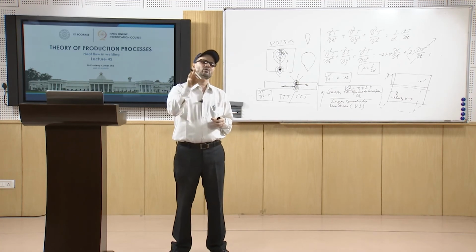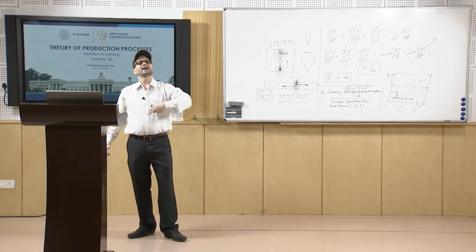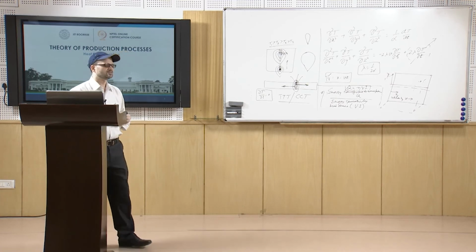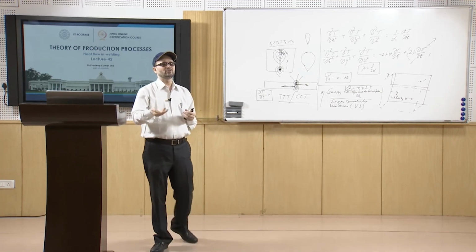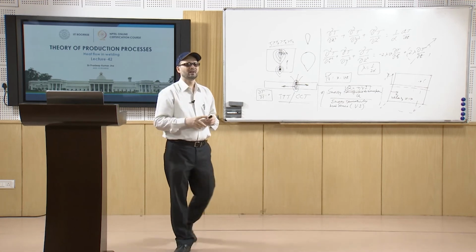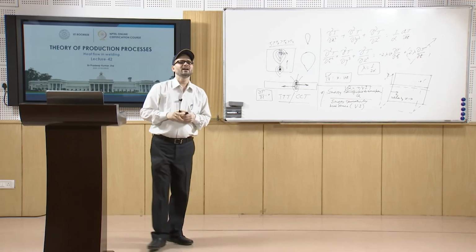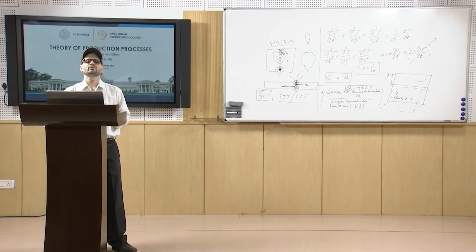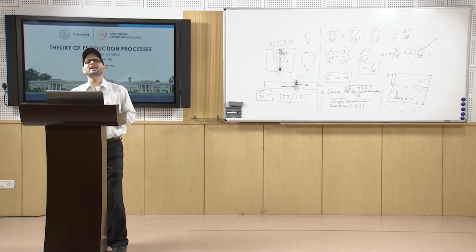That gives you a better efficiency, whereas if you use gas tungsten arc welding with AC, you have only half of the cycle effective. So, ultimately you will have lower arc efficiency as compared to the DCEN case in gas tungsten arc welding.